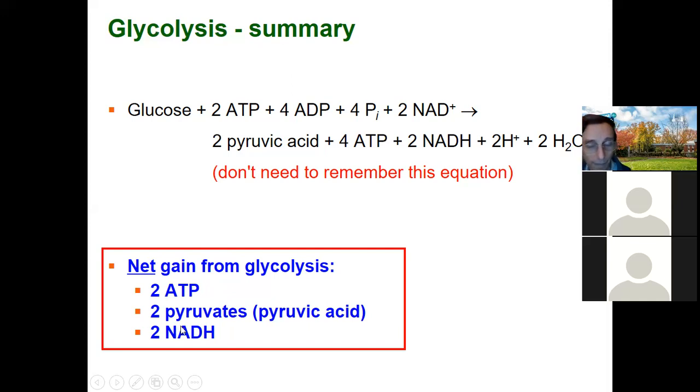I should mention that pyruvate and pyruvic acid are very similar molecules, and our cells will treat them the same. But if you're a chemist, they are different. The pyruvic acid has the hydrogen attached. The pyruvate does not.